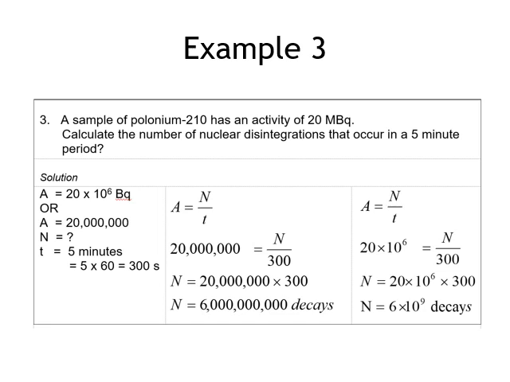We need to work out N, and we have a time, 5 minutes, which we realize is 300 seconds. We can substitute into our formula, and then we can rearrange our formula to get our answer. And we can either use it with scientific notation, as shown on the right, or we can just put the numbers. It doesn't matter, both are acceptable.